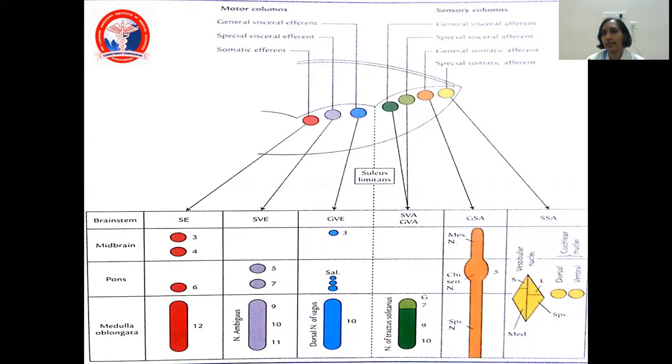Since the olfactory and optic nerves arise from the forebrain, their functional components and nuclei are not represented in the midbrain, which is shown in this diagram. The special somatic afferent component is present in the vestibular nuclei, which are responsible for the maintenance of balance, and the cochlear nuclei, which are responsible for hearing.